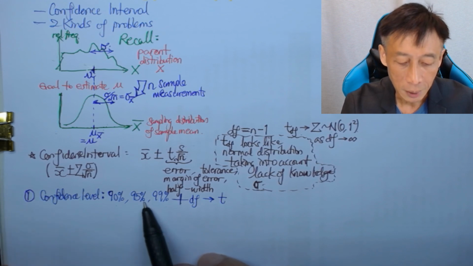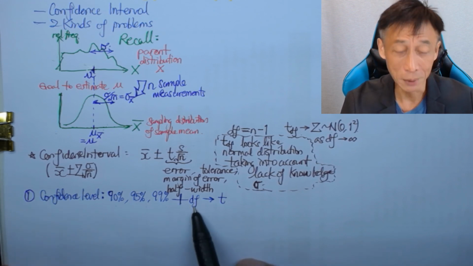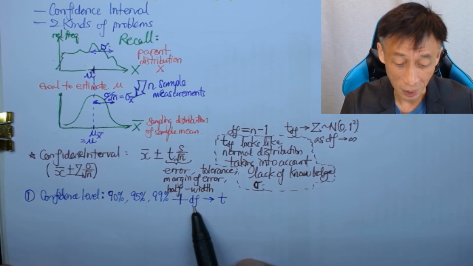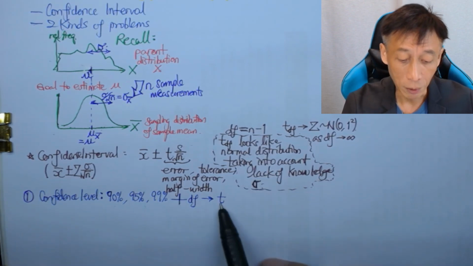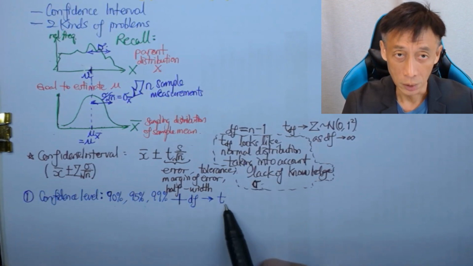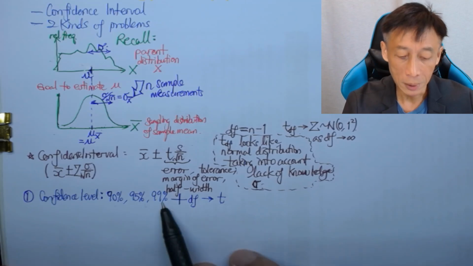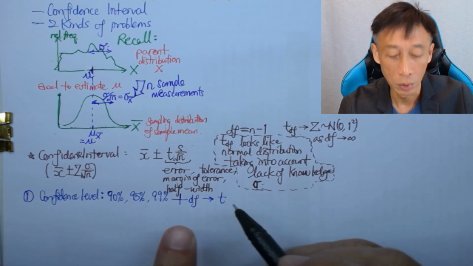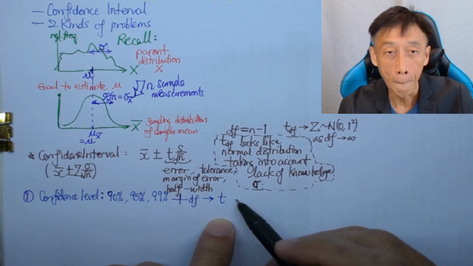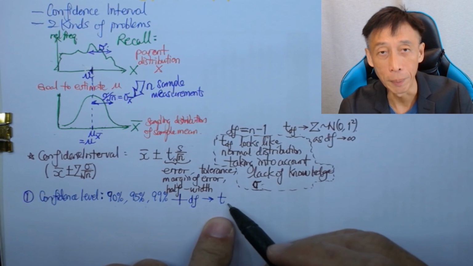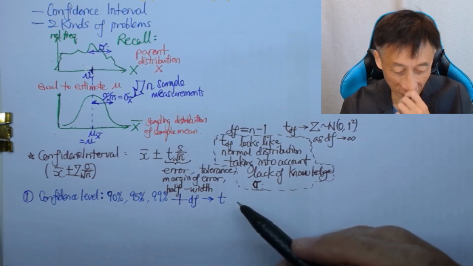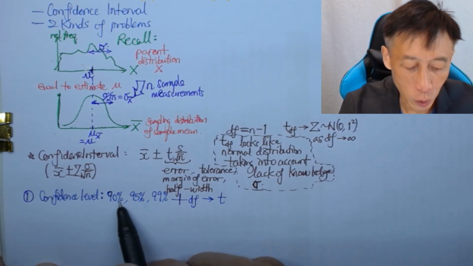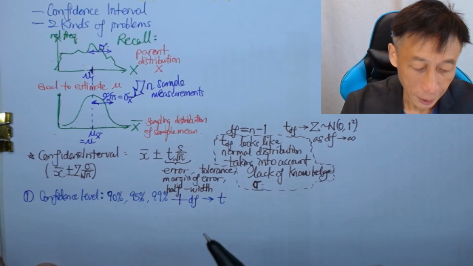From here, plus the sample size minus 1, because degree of freedom is sample size minus 1, gives rise to T. These two numbers, right? I don't mean addition. I just mean these two inputs put into the Excel formula or R or Python, you will get a T value, all right? I'll show you in a while where these numbers go.